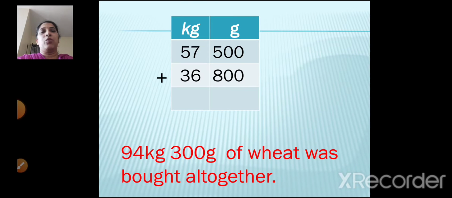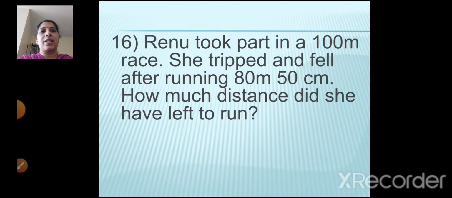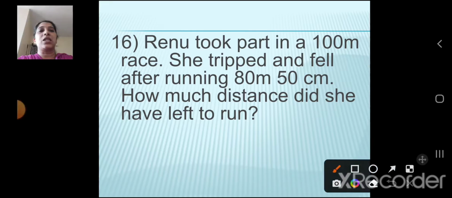So now we'll move to the next word problem, that is 16th one. Renu took part in a 100-meter race. She tripped and fell after running 80 meter 50 centimeter. How much distance did she have left to run? So what is given? How much distance did she have left to run?